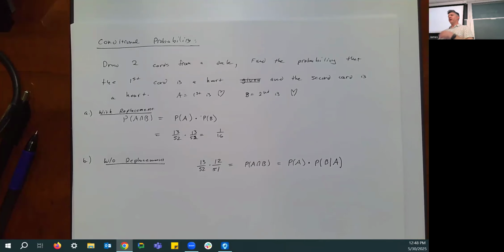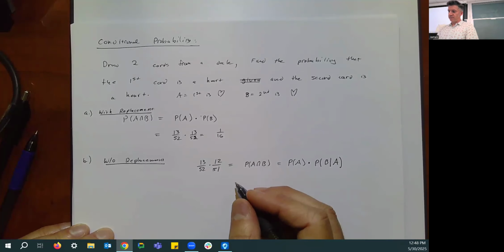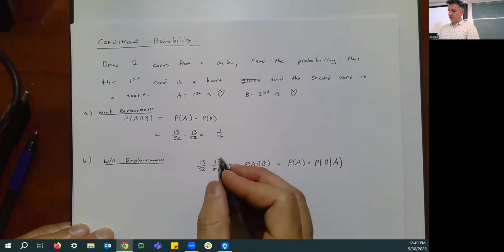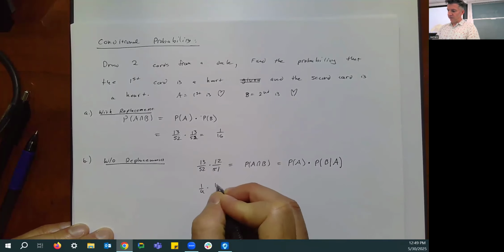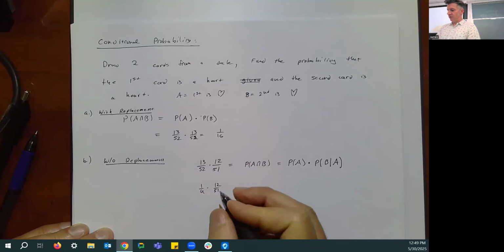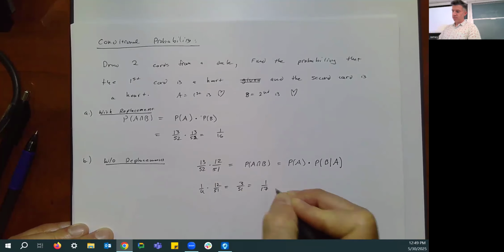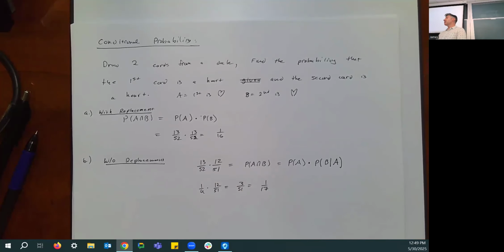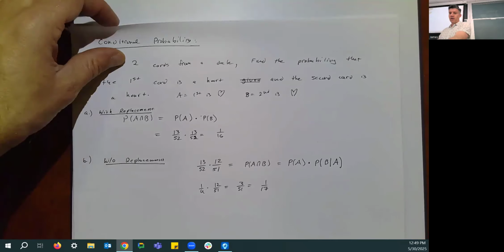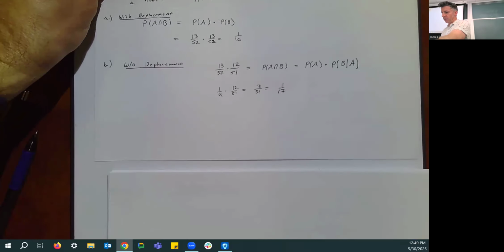I try to avoid saying always because there's usually an exception. So here we could simplify this if we wanted to. This is 1/4 times 12 over 51. The 12 reduces to 3. That's 3 over 51. That's 1 over 17. So slightly less likely to happen, right? If you replace the card, you have more of a chance of both of them being hearts than if you don't replace the card. So let's talk about this conditional probability formula.